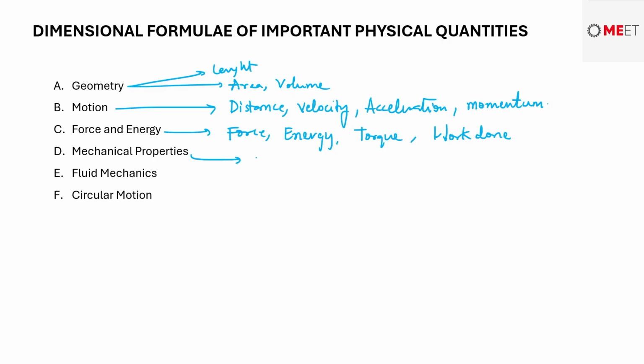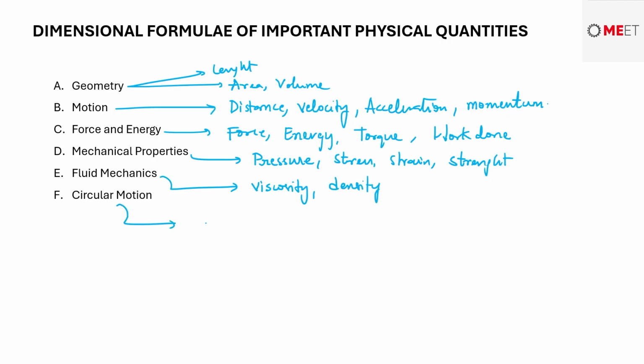Similarly, under mechanical properties, the physical quantities are pressure, stress, strain, strength. In fluid mechanics, the quantities are viscosity, density.